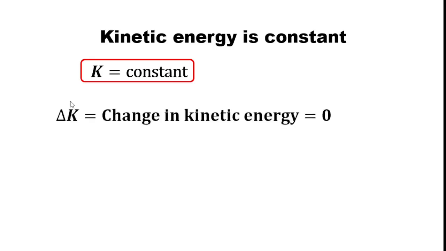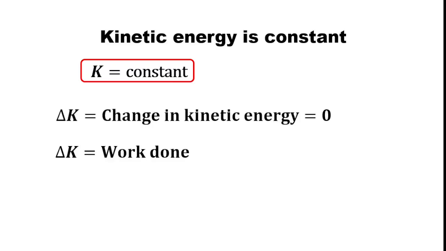And let's see, this delta K is equal to the change in kinetic energy. Because the kinetic energy remains constant, this delta K is equal to 0. And the work and kinetic energy theorem says that when there is no change in the kinetic energy of a particle, it means that the work done is 0.